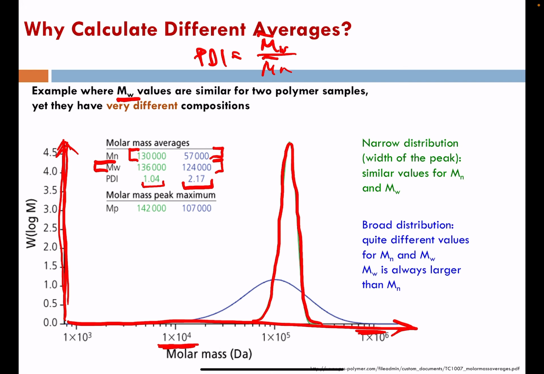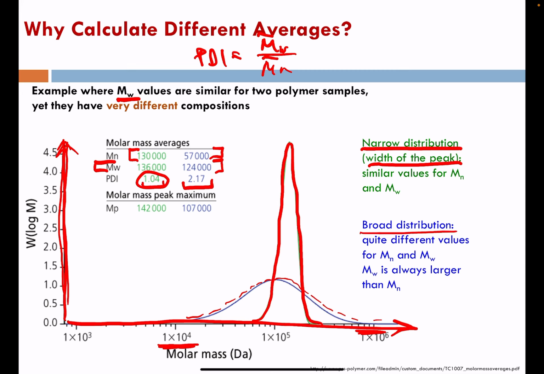Okay, so we've used some terminology here. Notice I've mentioned that the green molecular weight set is called a narrow distribution. So we can monitor and report parameters associated with the width of this peak according to polydispersity index. Okay, and I've used the term broad molecular weight for the blue data set here.